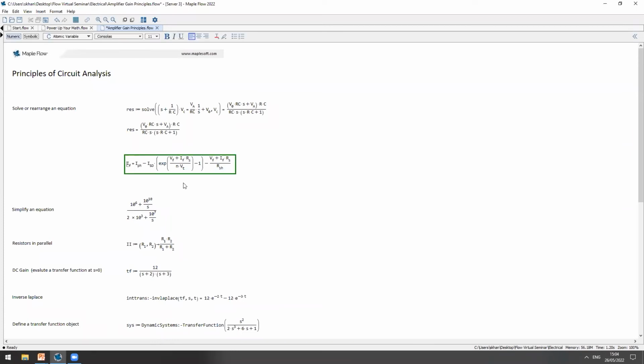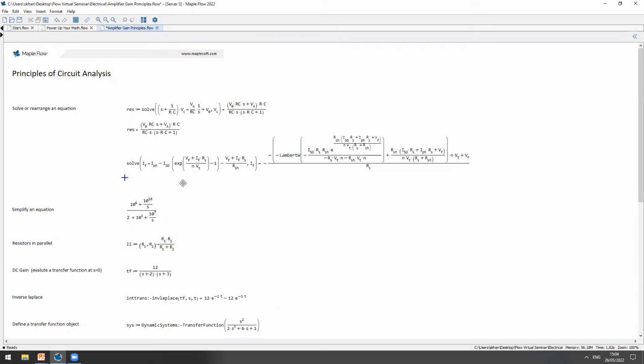Let's see what I can do with solve. So let's solve this for IF. And it gives me an explicit expression for IF in terms of the Lambert W function. That's what we call a special function. It's traditionally only used in mathematical research, but MapleFlow lets you use this function very easily.